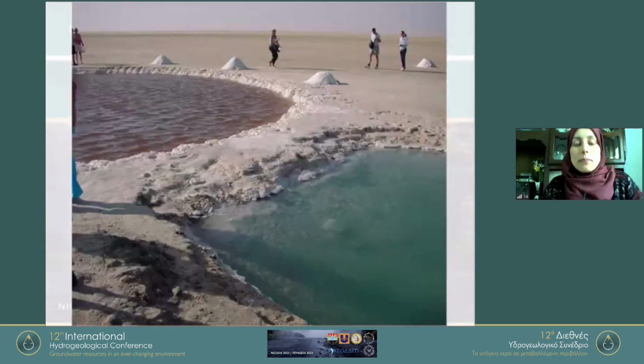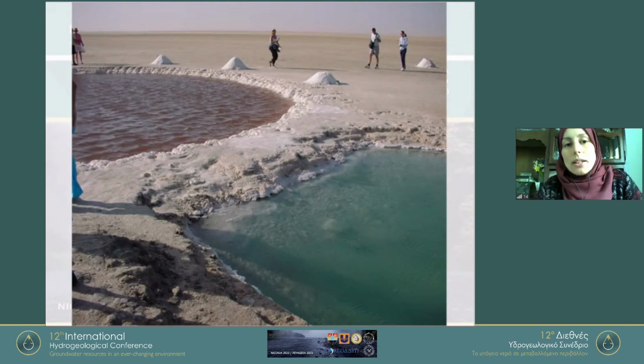Look at this picture. It shows a flow system or a discharge area of two flow systems, where the water quality and the color are contrastingly different. So each picture indicates the importance of groundwater, and the idea that there is a lack of water beneath the Sahara Desert is not true.